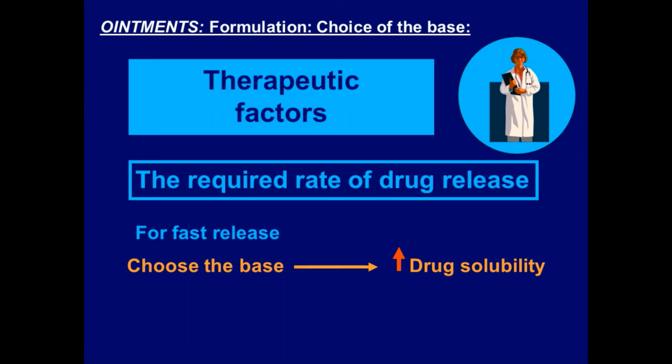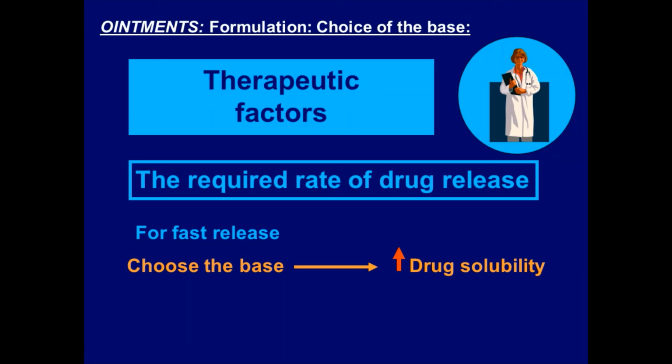What? You said before that high drug solubility gives poor release of the drug. Yes, poor release means the amount of the drug released is small, but this amount of drug is released at one rate. In what speed? The rate of release of the drug increases as the drug is more soluble in the base, because the high solubility of the drug in the base enables you to add more drug to your ointment.